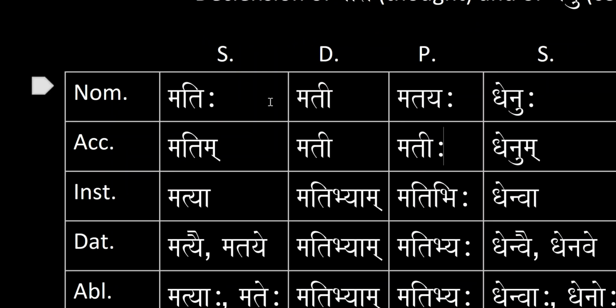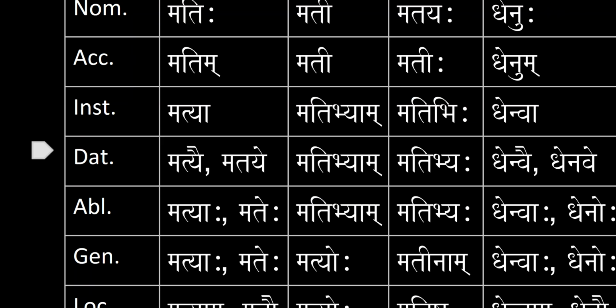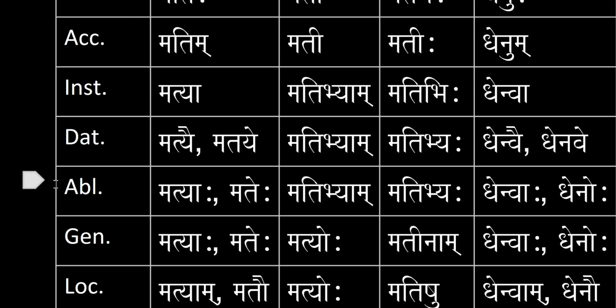For dative, singular, dual, and plural: matyai. Another option other than matyai, you can say mataye. For dual, matibhyam and matibhyaha. For ablative, for singular, there's two options, matyaha or matehe.